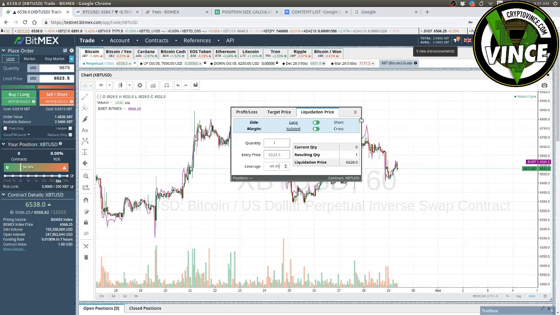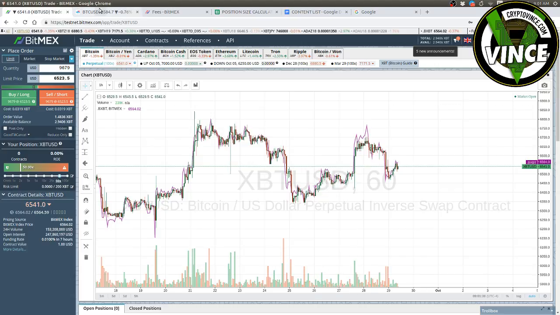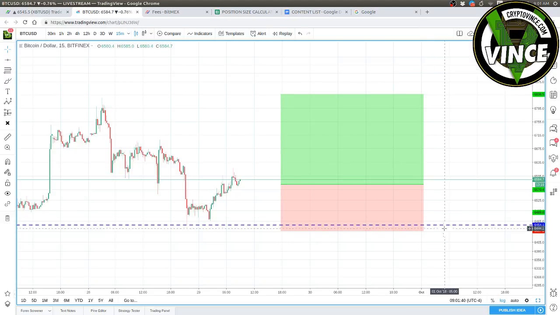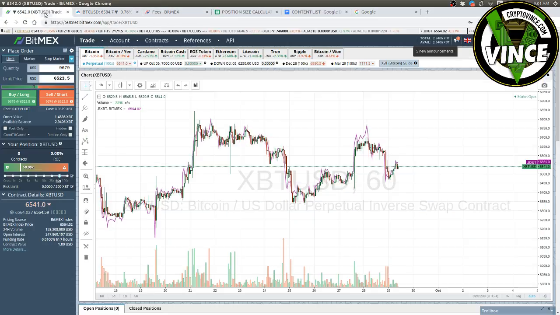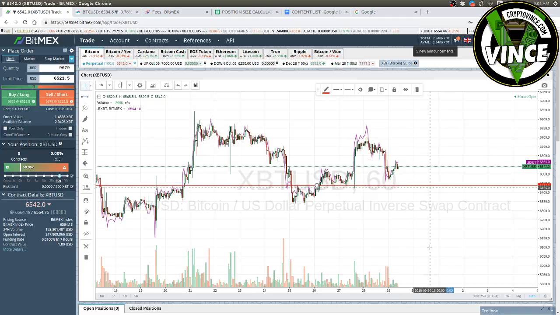Okay, so how much is my stop loss? The stop loss that I want to use in this case is 6436. I put it in my chart here so it's easier. So that's my stop loss.